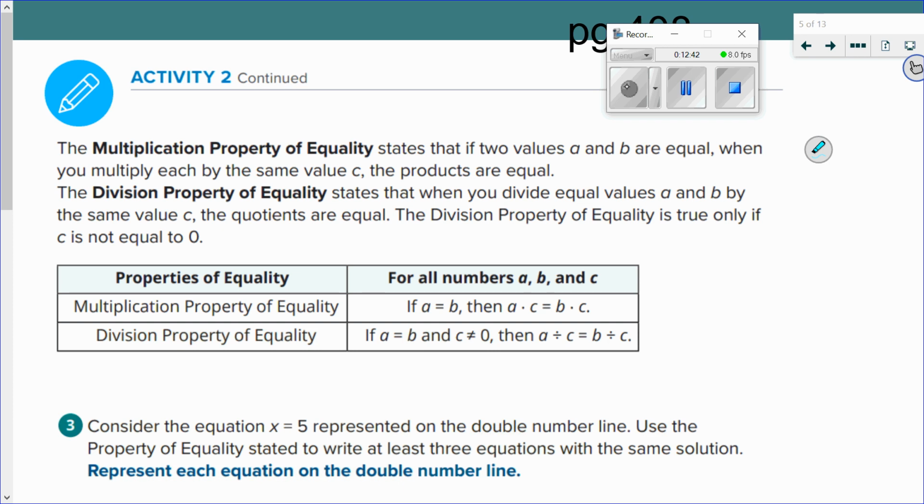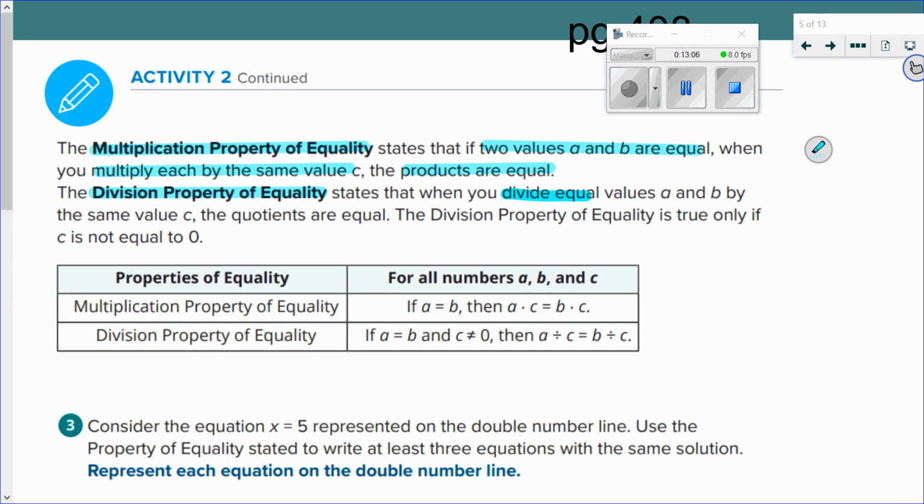Okay, again, our highlighters. We now have 2 additional properties, and it's the other 2 major operations that we do. The multiplication property of equality, anybody want to take a wild guess? If I multiply both sides by the same number, it's going to be equal. And the exact same thing with division.